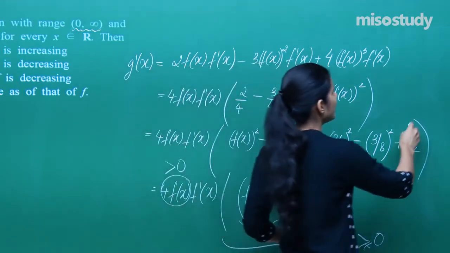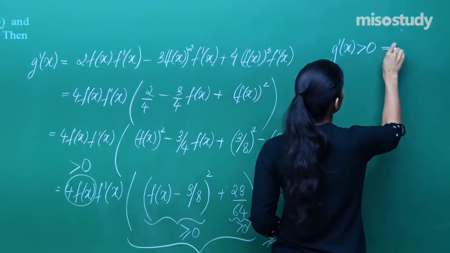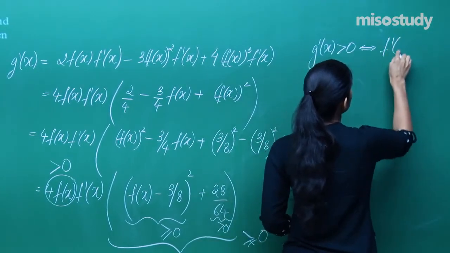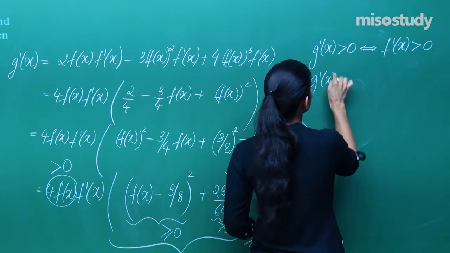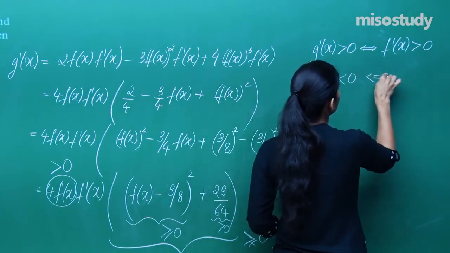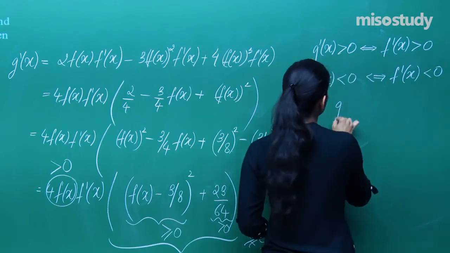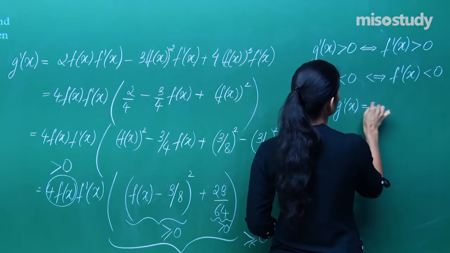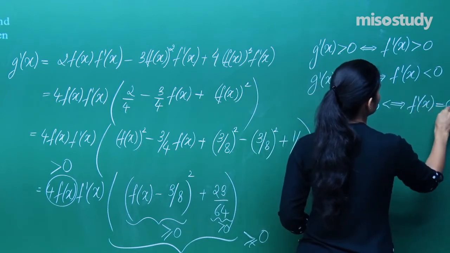So I can say that g'(x) is positive if f'(x) is positive, and g'(x) is negative if f'(x) is negative. In fact, g'(x) is 0 if f'(x) is 0.